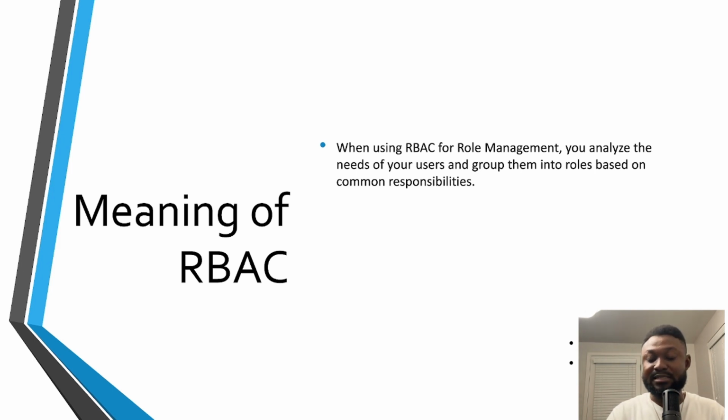Then you can assign those roles to the users on AWS, or to the users in the organization. Whenever the users assume those roles, because the policies or permissions have already been attached to the role, they also assume and take over the permissions to perform the job function that they want to perform.